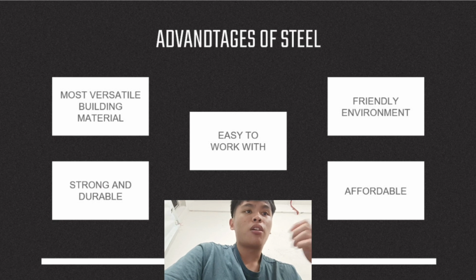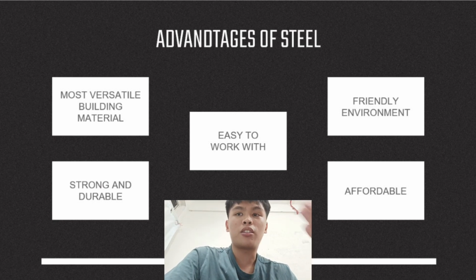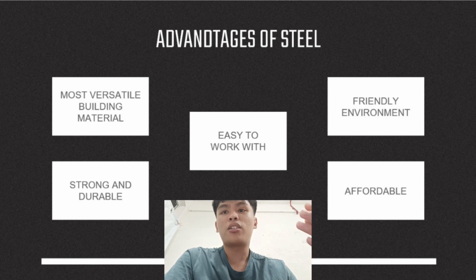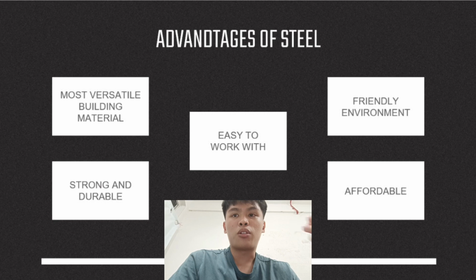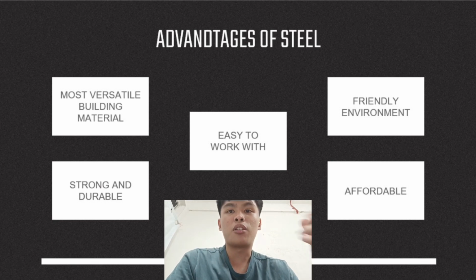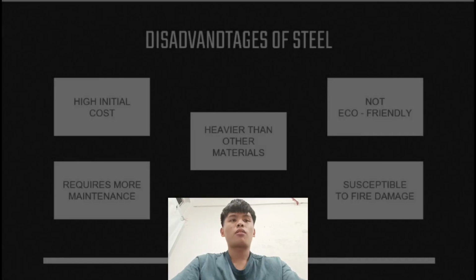And the fourth, environmentally friendly, because steel can be recycled or reused after its initial use. And lastly, affordable. Steel is an affordable building material, making it a cost-effective choice for construction projects.